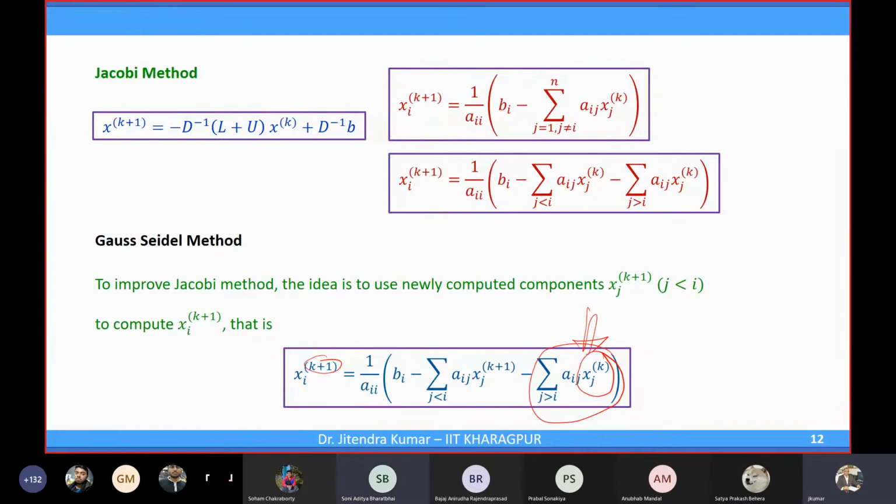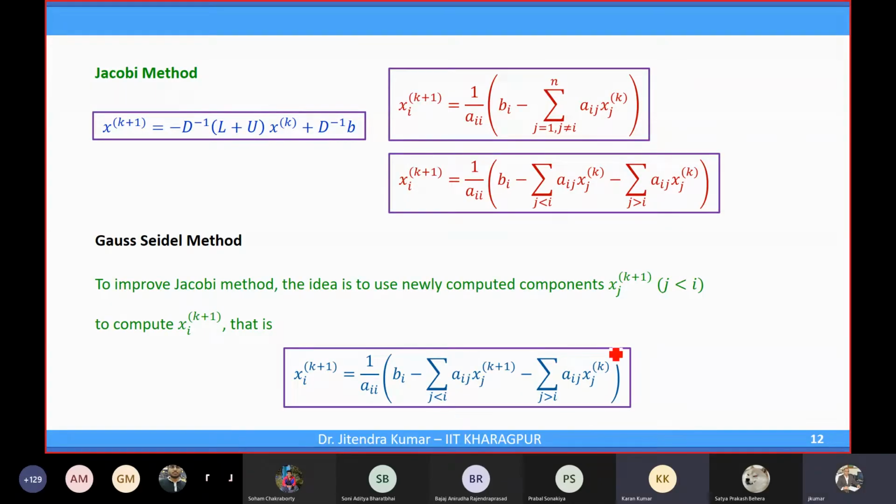Sir, will xj be just the previous element, xi minus 1, or can we take any element before i?